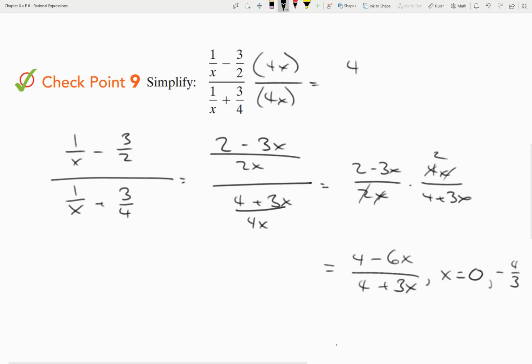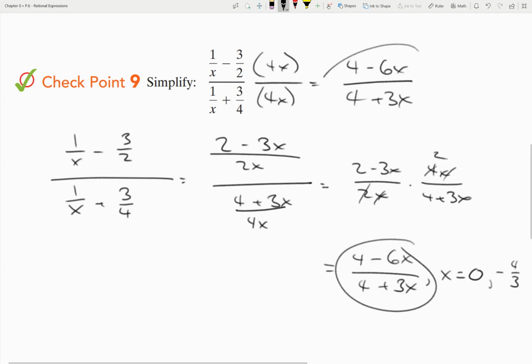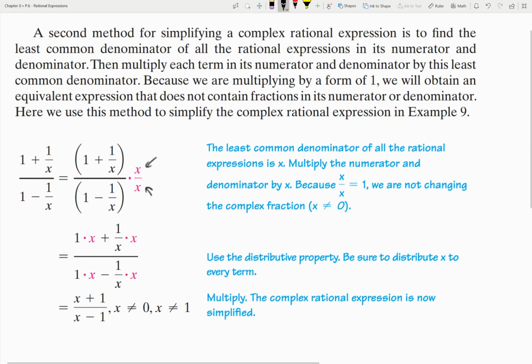And here I would get a 2, so it would be negative 3 times 2x over, the x's cancel there, 4, and then the 4's cancel there. And look at that. Much faster, much simpler, I think, anyway.